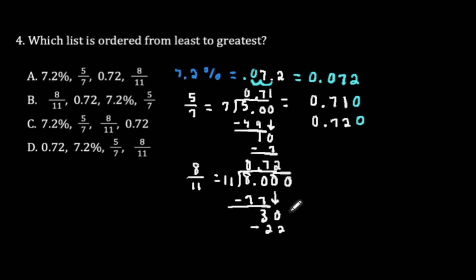So place 0 here. 10 minus 2 is 8. Bring down this 0. 11 goes into 80 without going over 7 times. So this is actually 0.727. We can stop it right there. Okay, so 8/11ths equivalency is 0.727.